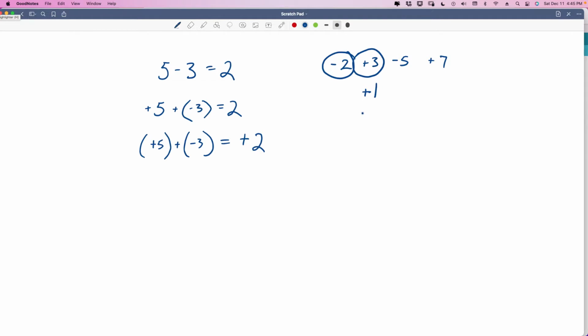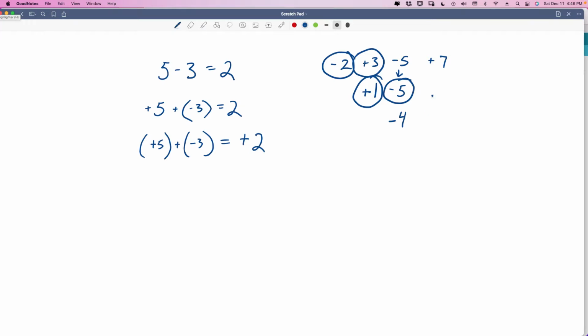So the answer is a positive 1. Now we take positive 1 and bring down negative 5 and combine these two numbers together. They have different signs, and the larger number is negative, so we subtract 1 from 5 and get 4.